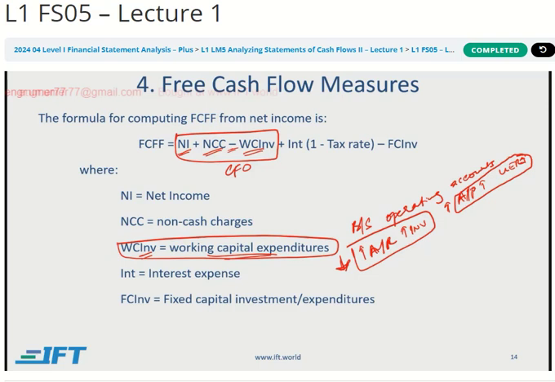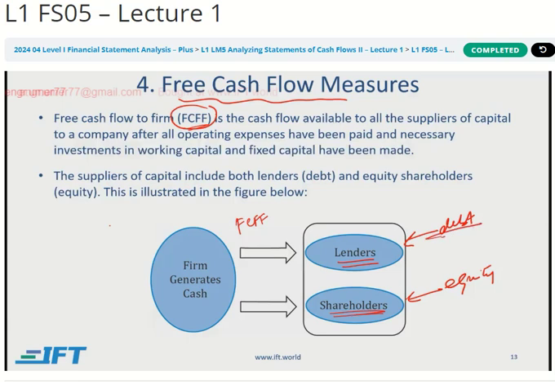So you take your cash flow from operating activities and then you make two adjustments to it. Number one, you add back the interest net of tax. Why? Because we are looking at the cash flow to the entire firm, which includes the providers of debt. So interest is obviously going to be paid to these providers of debt, right?